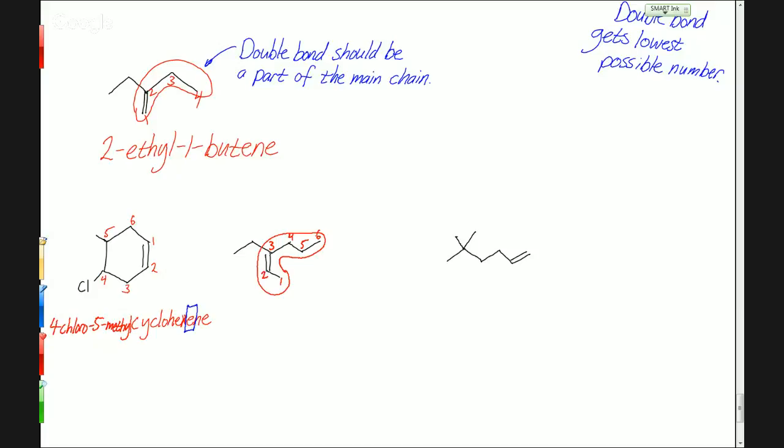So we've got a double bond that starts at 2, goes between 2 and 3. And then we've got an ethyl substituent coming off of carbon number 3. So this name should be 3-ethyl-2-hexene. We need that 2 to tell us that the double bond starts on the 2nd carbon.